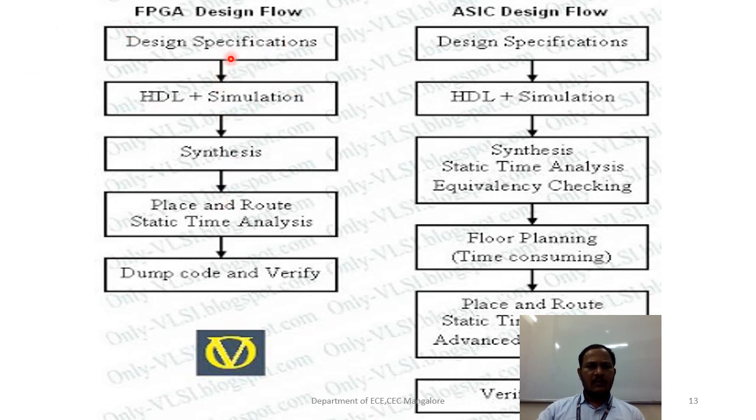Here the design specification, like for a 1 bit full adder, has 3 inputs and 2 outputs: sum and carry as outputs, and A, B, Cin as inputs. If you write that code as a boolean expression using HDL, you can then do simulation directly.